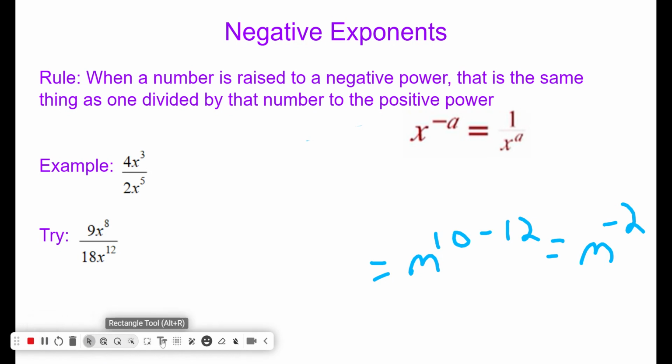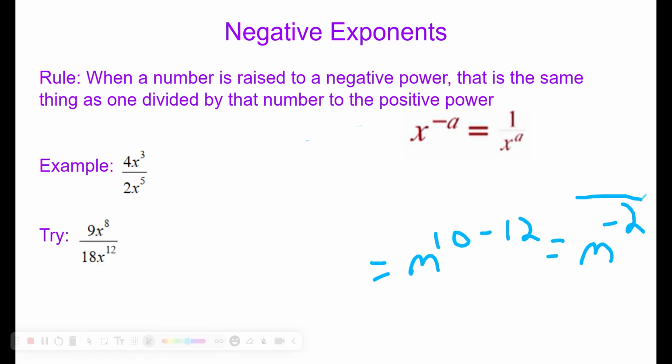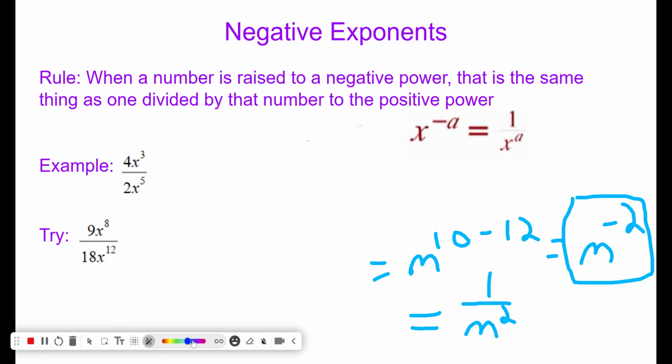So that example we just did, where we have m to the negative second power, that is going to equal 1 over m to the second power. We always want that positive exponent there. Let's look at this example here. We have 4 times x to the third power divided by 2 times x to the fifth power.